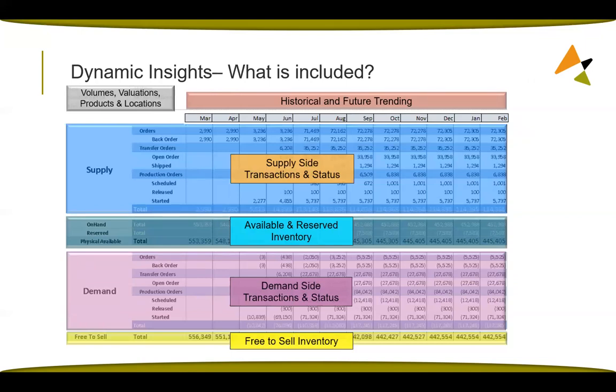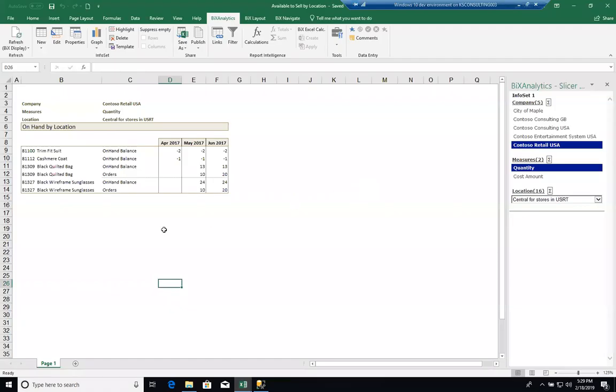Then on the demand side, you've got your orders going out, so your sales orders going out, or your transfer orders out of a location to somewhere else, or the consumption associated with a production order. But all of this information ends up affecting your inventory levels and ultimately can affect your available to sell inventory. So that's what we're going to take a look at here today.